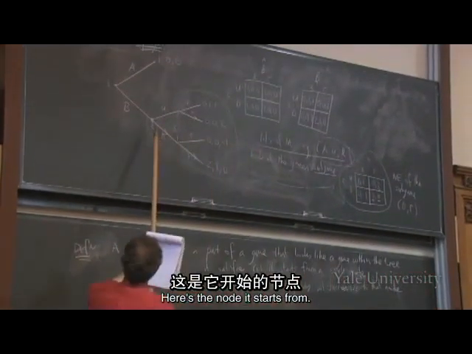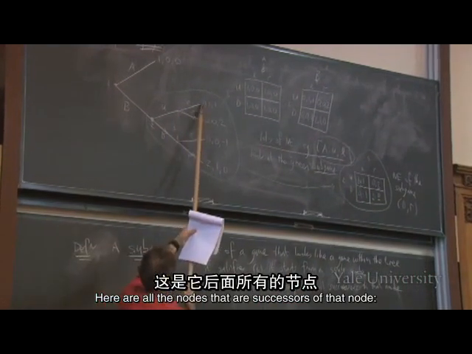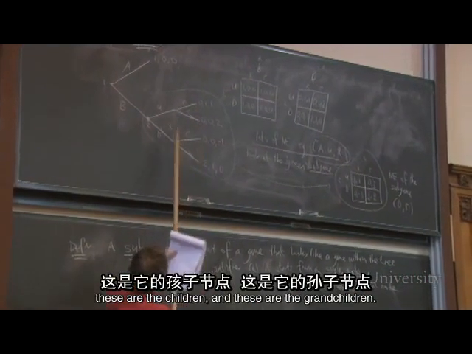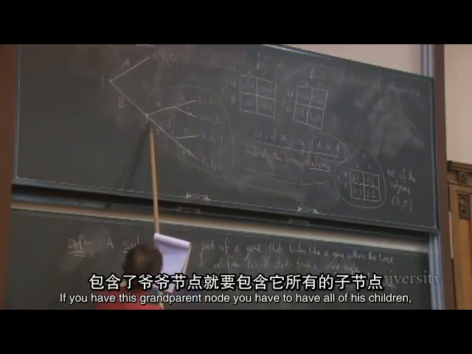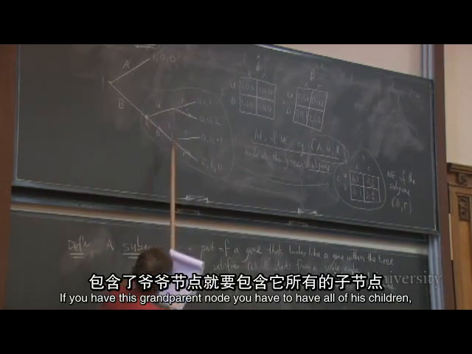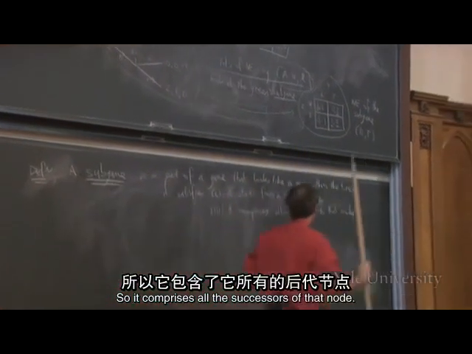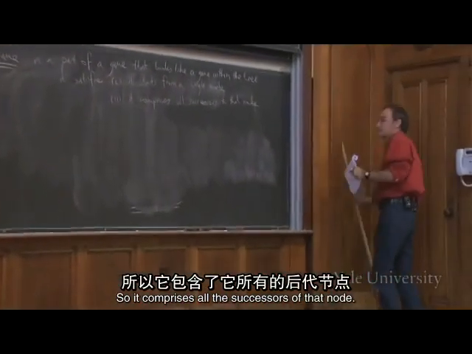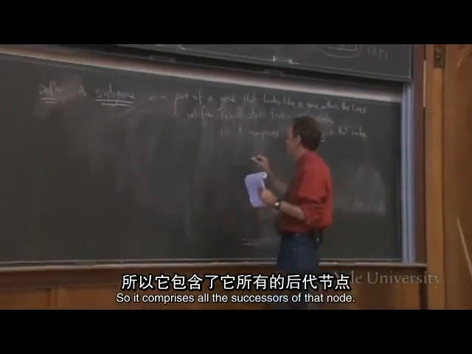Here's the node it starts from. Here are all the nodes that are successors of that node. These are the children, and these are the grandchildren. If you have this grandparent node, you have to have all of his children and all of his grandchildren. All right? So it comprises all the successors of that node.